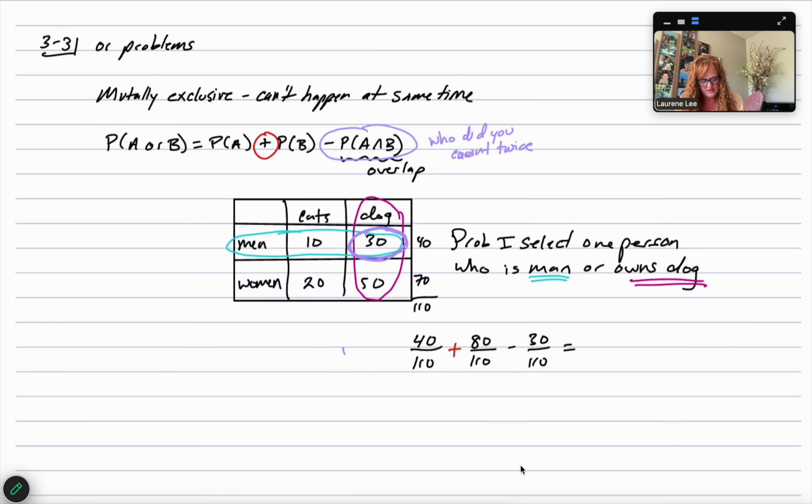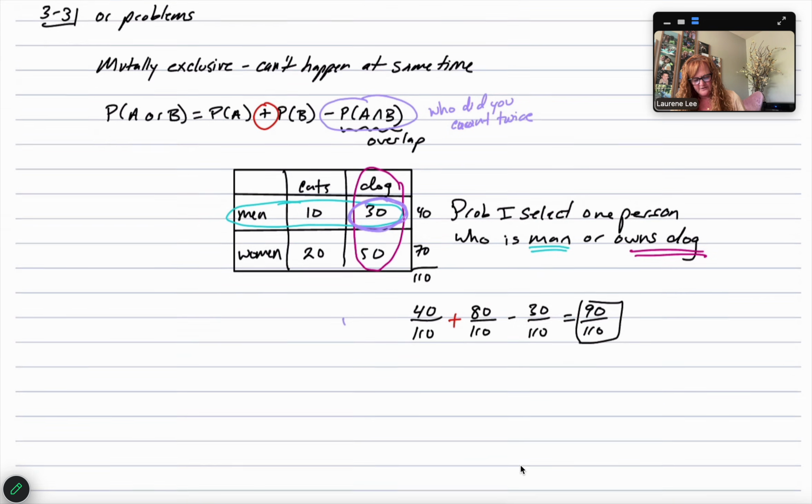So this is going to be 90 over 110 is going to be your answer. Reduce it, turn it into decimal, however you want, but that's the procedure for these problems. So in charts, it's easy to figure out the overlap if you just draw your circles, figure out where they overlap.